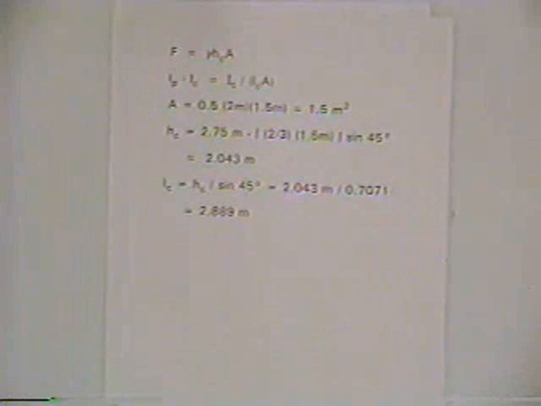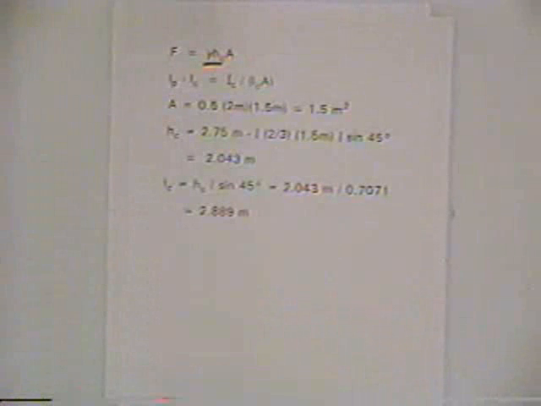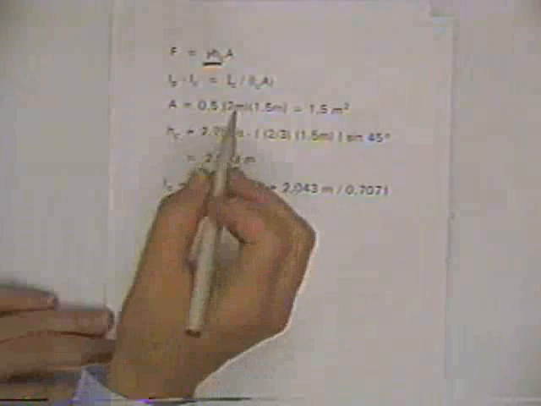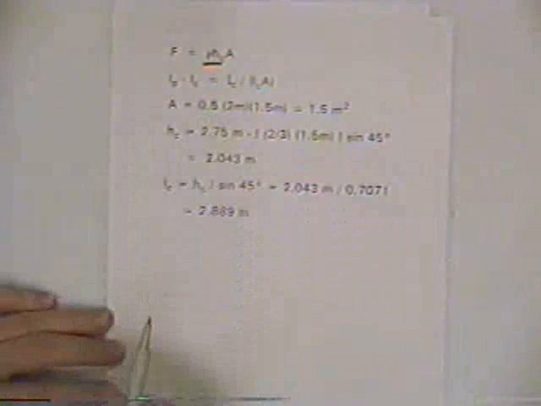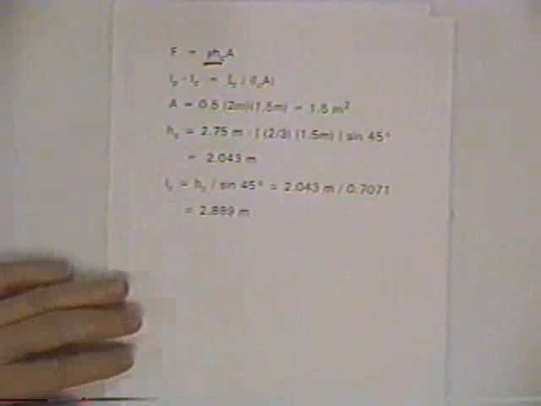Force is pressure times A, and pressure is the unit weight times the head measured from the surface. That's a vertical measurement from the water surface to the center of area of the plate upon which the force is being exerted by the water. And then we need to locate the force, and we'll use this equation to locate it.